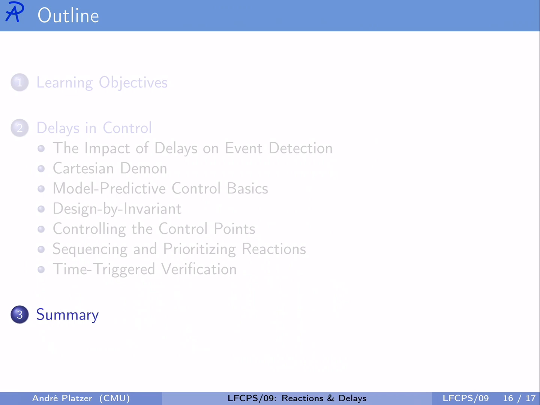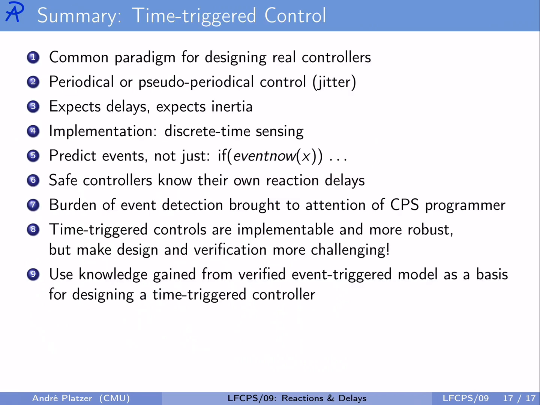So, summarizing, what we've seen today is time-triggered control, which is a common paradigm for designing real controllers, working from periodical or pseudo-periodical control. Pseudo-periodical means that it's not exactly 1 second, 1 second, 1 second as the delays after the control runs again, because there's a little bit of jitter, like things run a bit slower or a bit faster.